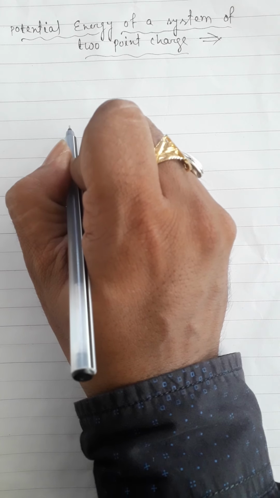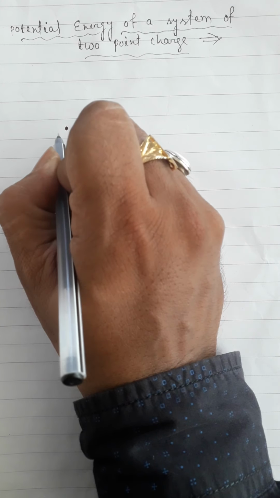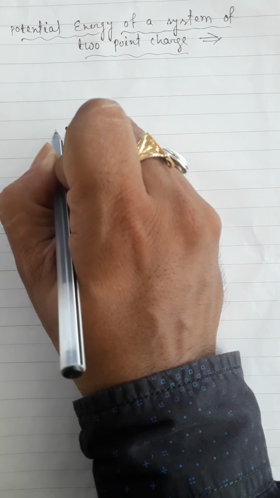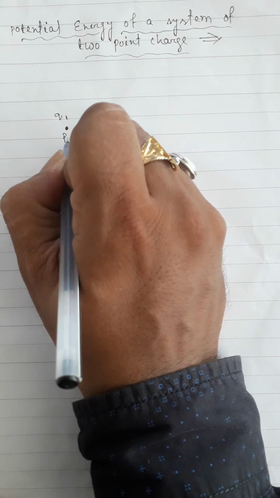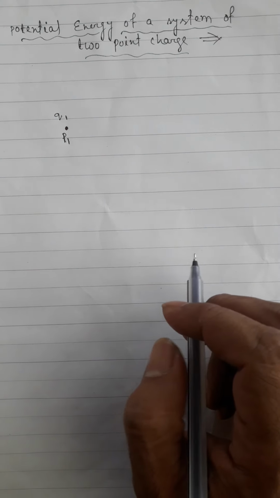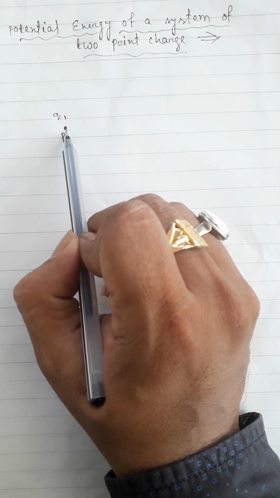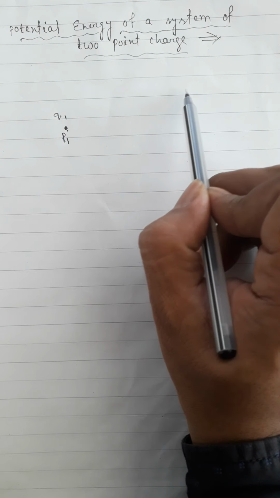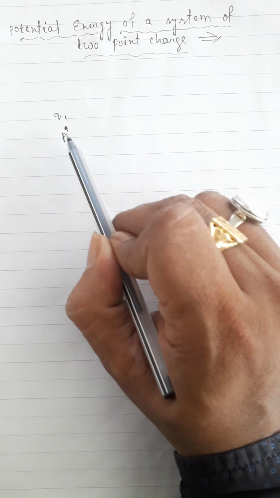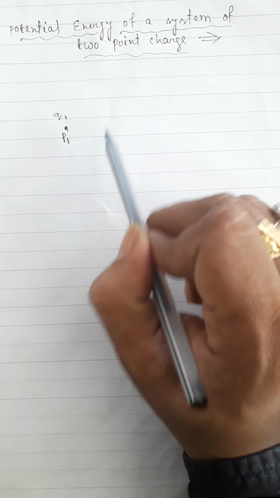Suppose a point charge q1 is at rest at a point p1 in space. No work is done to bring the first charge q1 from infinity to this point p1 because there is no field yet to work against.